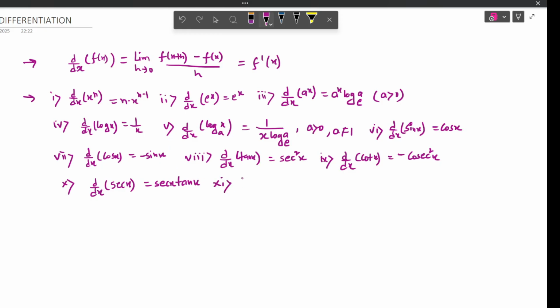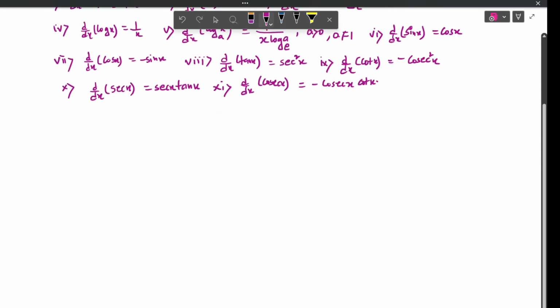Number 11, d dx of cosec x is minus cosec x cot x. Okay, now you have to remember some of the things, that is differentiation of any constant term is 0, right?